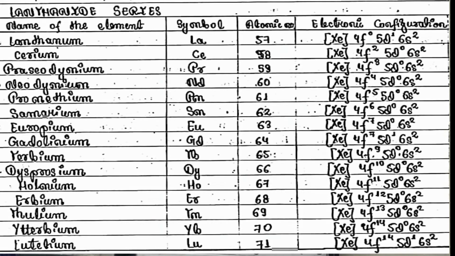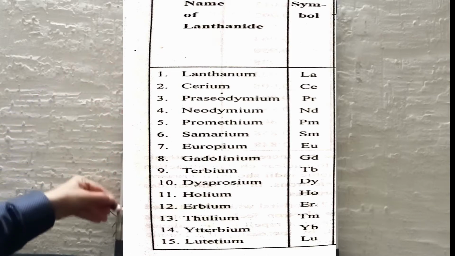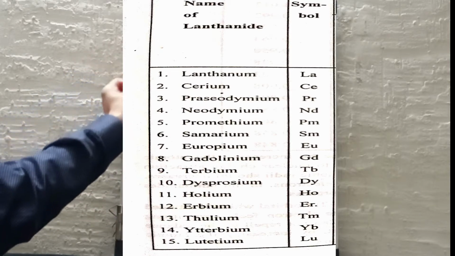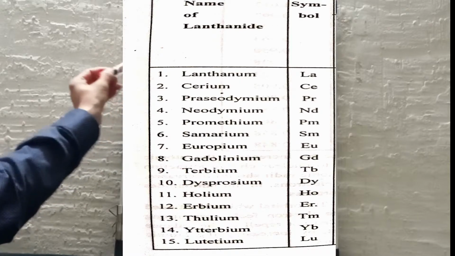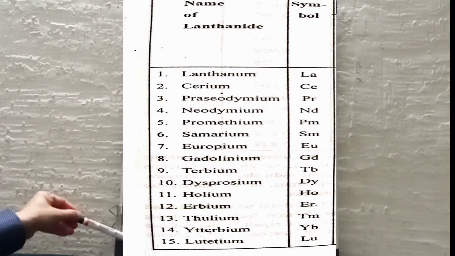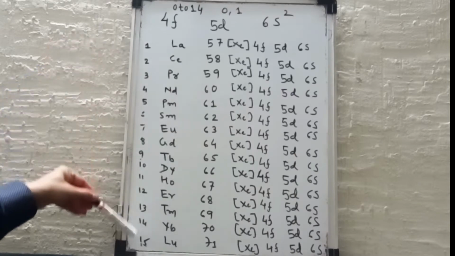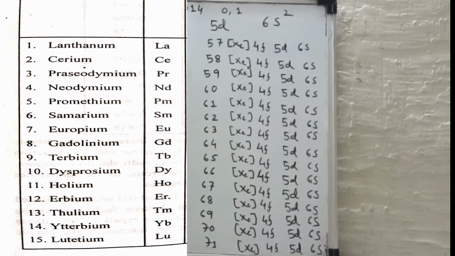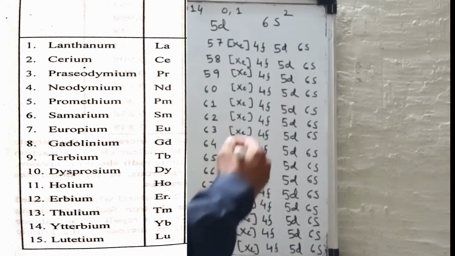First of all, we write all the lanthanide elements from lanthanum to lutetium, with the numbers in sequence. The first element of the lanthanide series is lanthanum, hence the name lanthanide series. Its symbol is La, atomic number is 57, and electronic configuration is xenon 4f0 5d1 6s2.